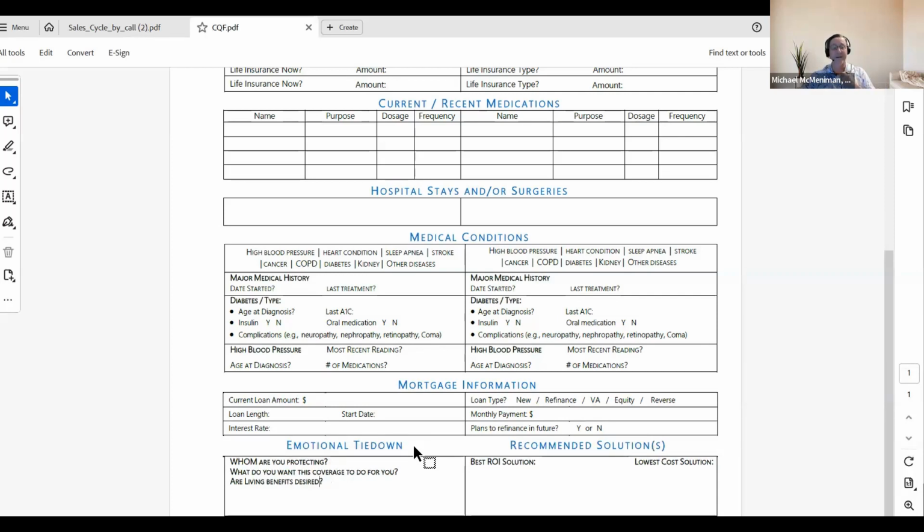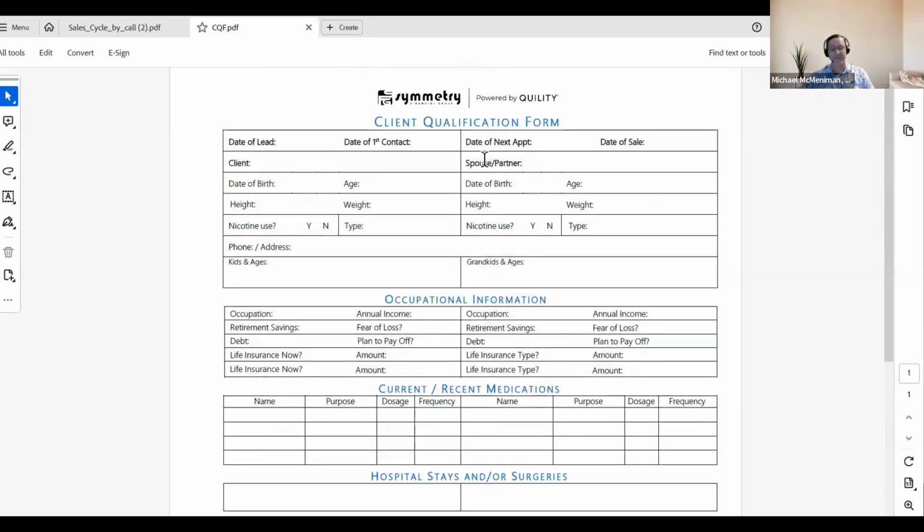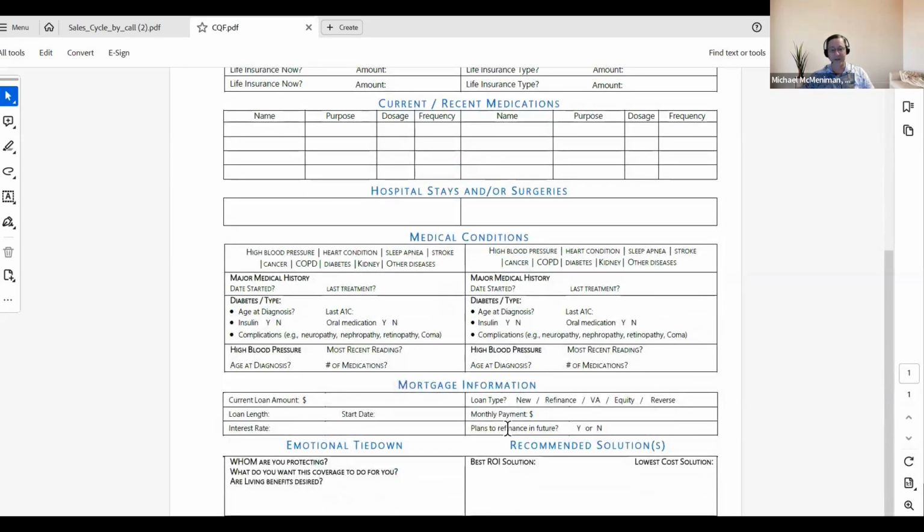But if there's a compelling reason, they will buy life insurance every single time. So your goal in this first conversation is to fill out as much of this CQF as you possibly can.